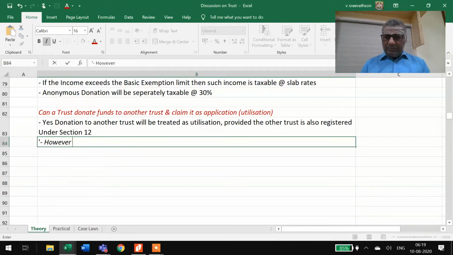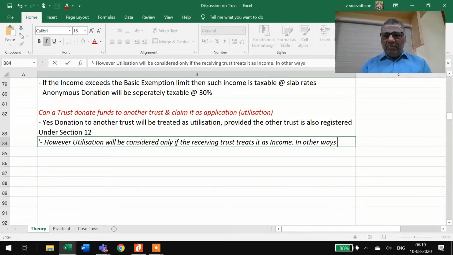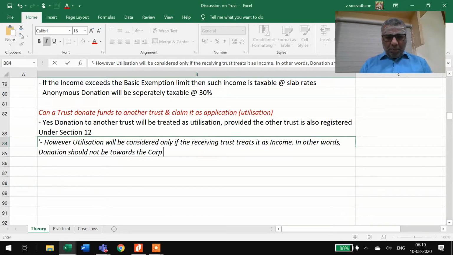However, utilization will be considered only if the receiving trust treats it as income. In other words, the donation should not be towards the corpus fund of the receiving trust.